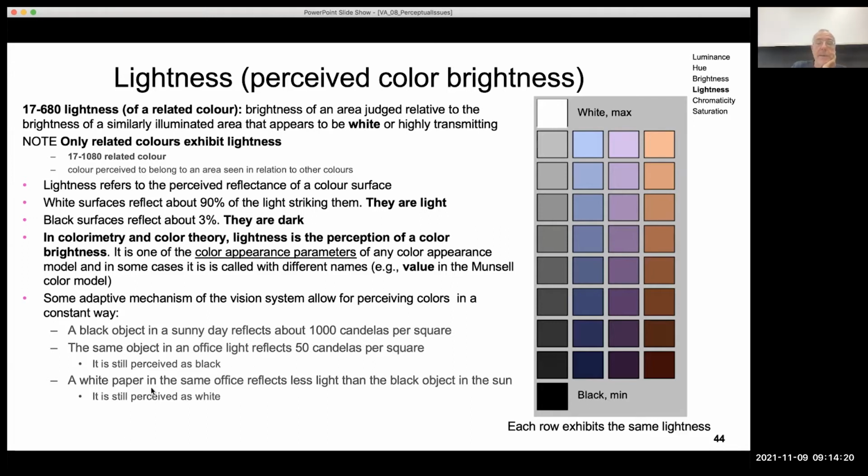A white paper in the same office reflects much less light than 1,000 candelas, but you still perceive it as white. So the perception is complicated also by some adaptive mechanism. Moving from brightness to lightness, we are discussing something that concerns colors.